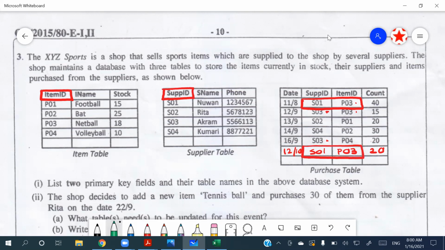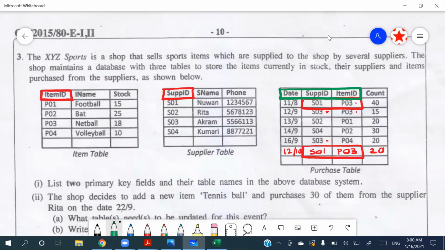So in that case, we can choose all three, which is the date, supplier ID and item ID, because practically, if a supplier supplies some item on a particular day, he is not going to supply it again on the same day, right? He's going to supply it on some other day.